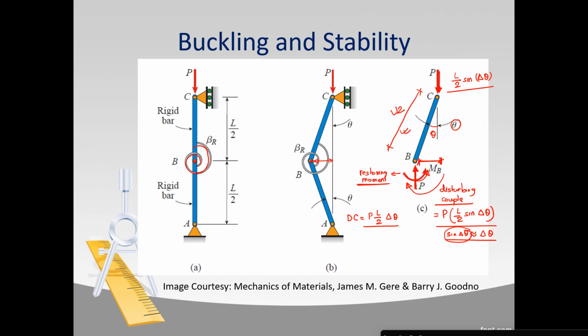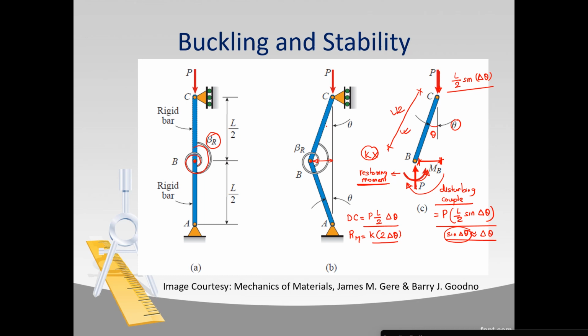Similarly, this restoring moment is given by the product of the rotational stiffness of our spring, which is K, and the angle of deformation of the spring. Although it is beta r here, we are supposing that our restoring moment is K multiplied by the angle of deformation of the spring. So our restoring moment REM is given by K into 2 delta theta. Why 2 delta theta?